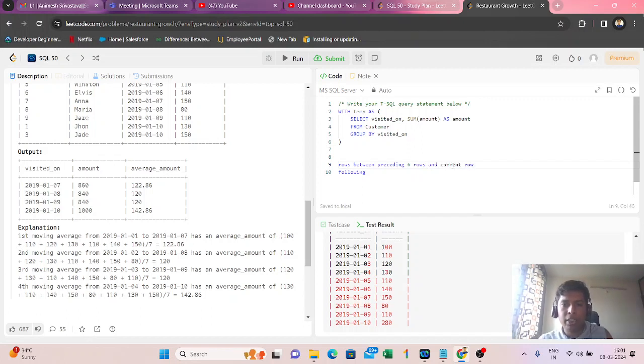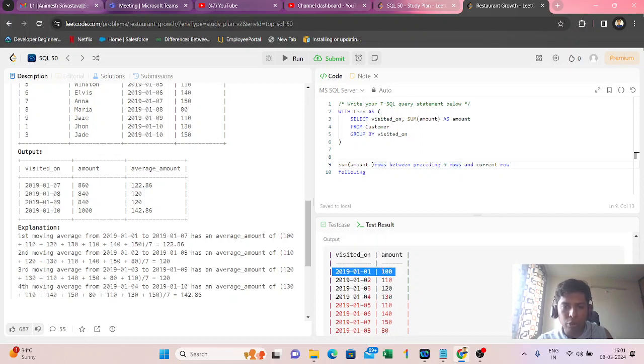Whatever function is being performed on the data, suppose a sum of amount, it would be calculated between the current row and the 6 rows preceding it. Suppose my current row is 100 and there are no rows preceding this entry, so the answer would be 100 only. For 110, the answer would be 100 plus 110. Now if I go to the 7th row, the answer would be 860 because this is the current row and 6 rows before this row.